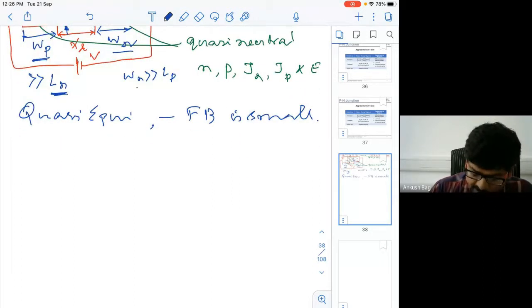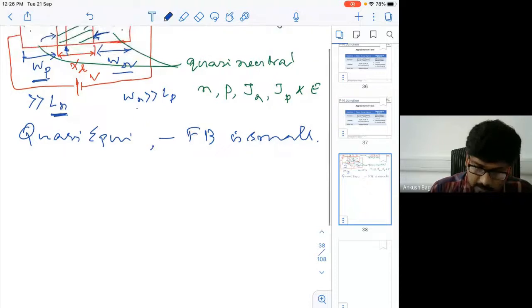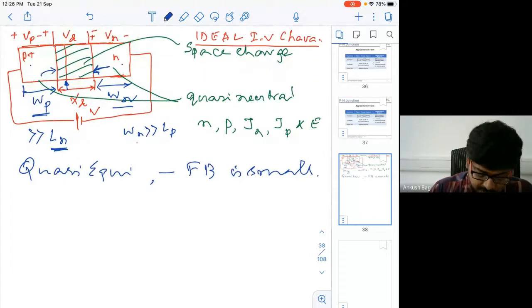The next assumption is that the voltage developed under the quasi-equilibrium condition across the quasi-neutral region is negligible.